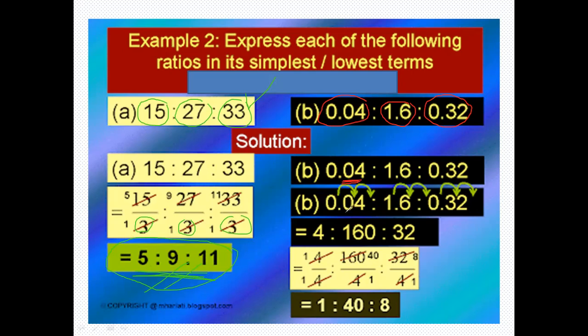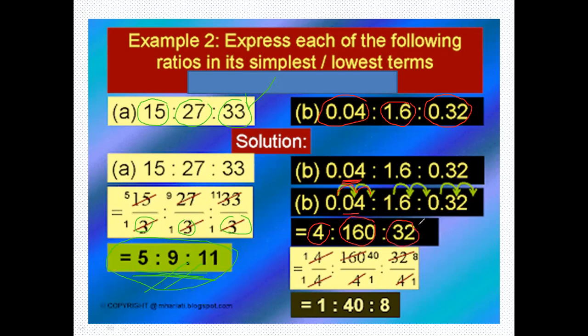We can multiply it all by 100, or we can move the decimal point the number of places to the right to make it a whole number. So if we multiply this by 100, it will be 4. 1.6 times 100 is 160. And 0.32 times 100 is 32.